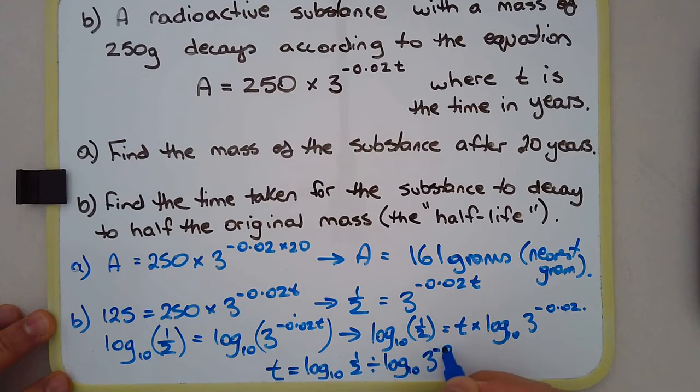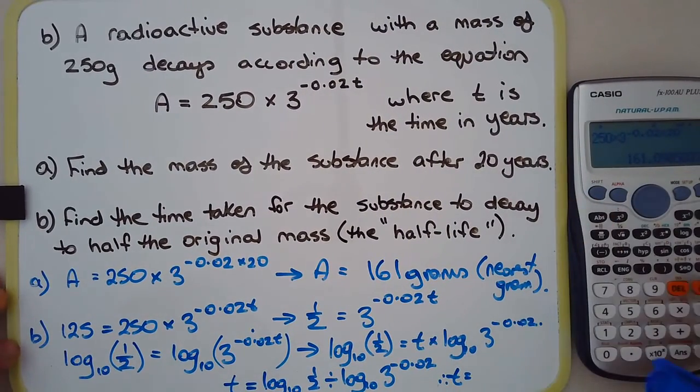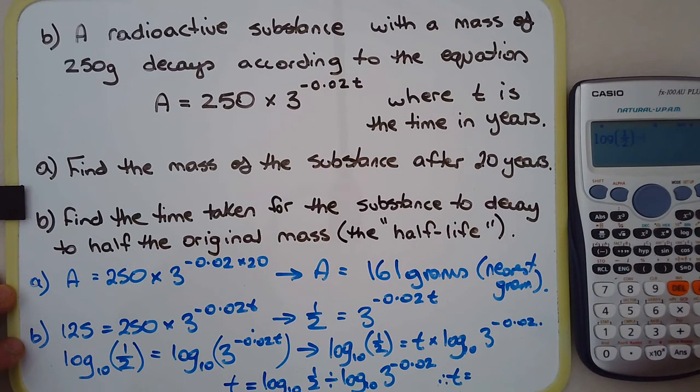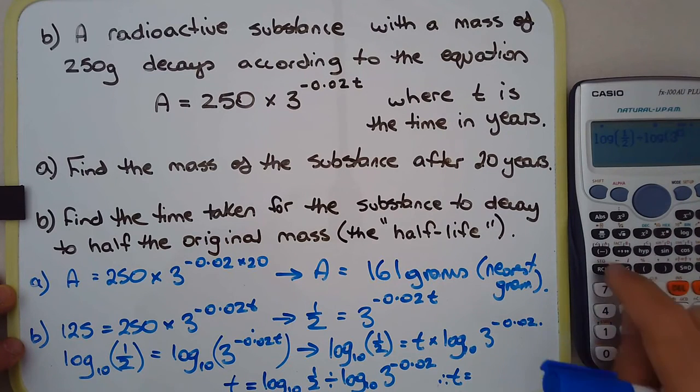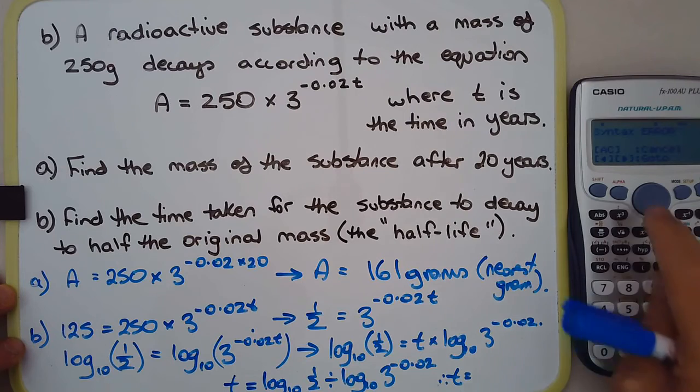And t equals, and we'll just round it maybe to 1 decimal place, doesn't really matter. So log of half, and we're going to divide that by log of 3 to the power of negative 0.02.